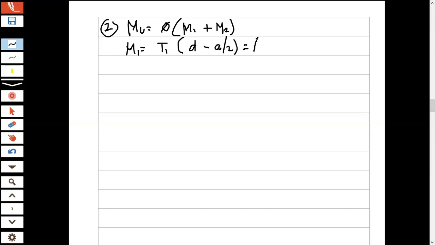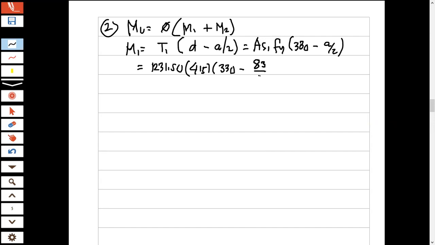Ano yung T1? AS1 times fy. Anong d? 330, given naman sa problem, minus a over 2, which is computed just a while ago. AS1 is 1231.5. fy is 415. And then you have 330 minus a, which is 83, over 2.